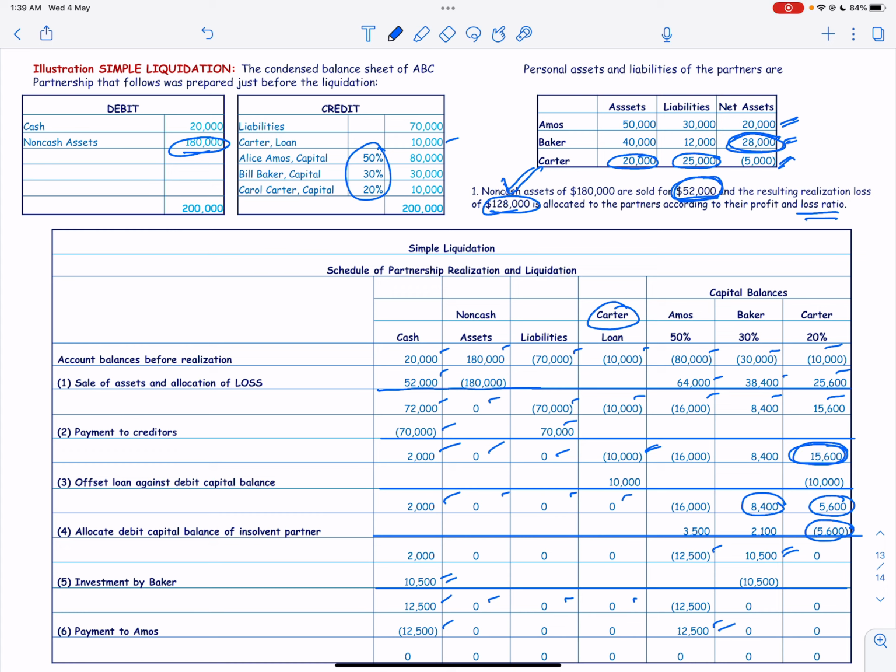And now in the end, once we make the total, again the total is 0. So this completes the fifth part on accounting for partnership, where we explained partnership liquidation, and we talked at length about marshaling the assets.